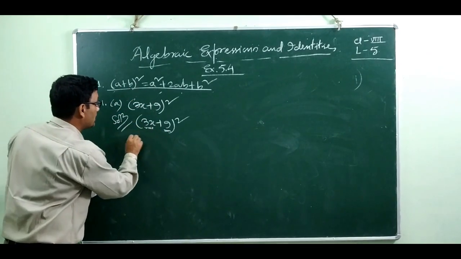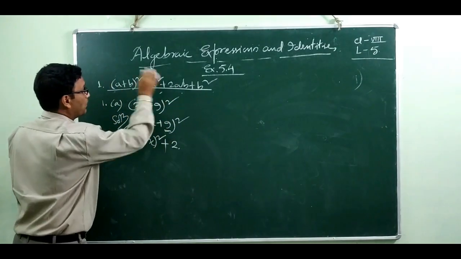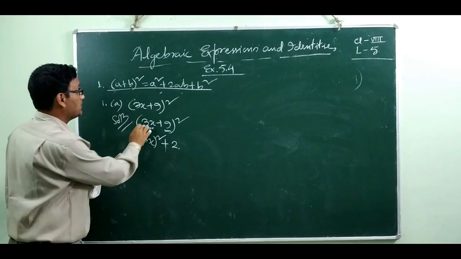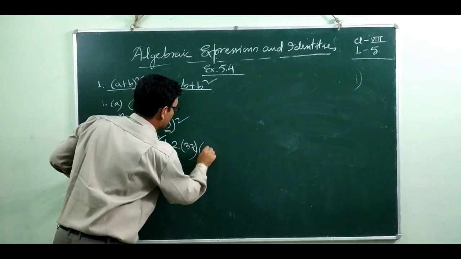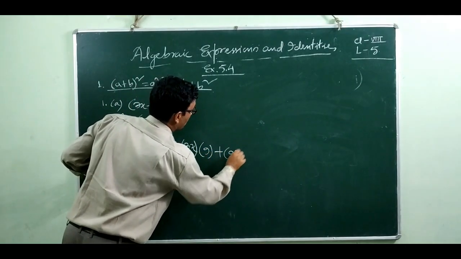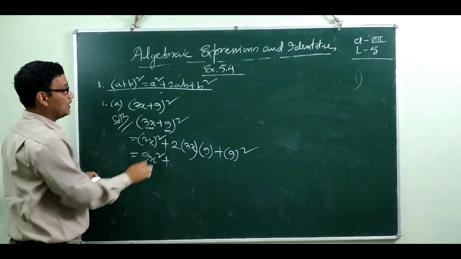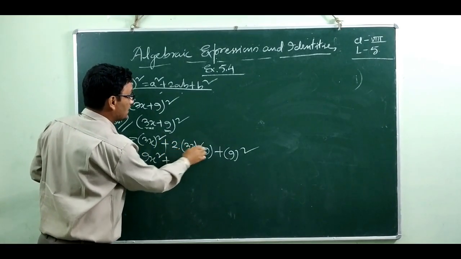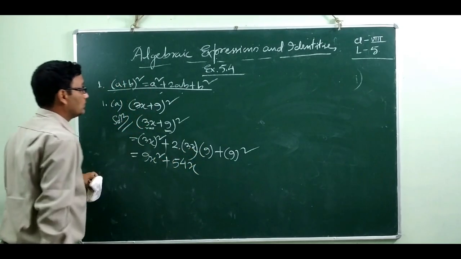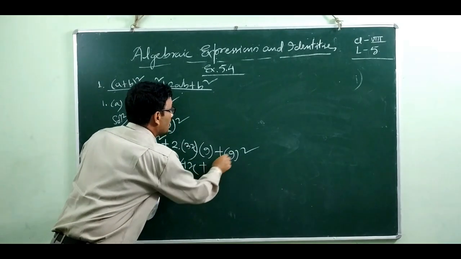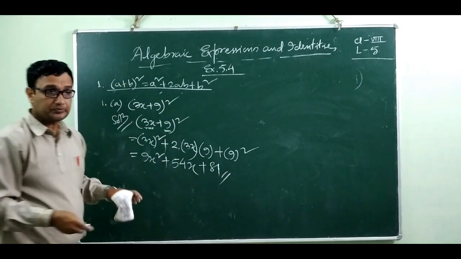So what will we write? (3x) square plus 2 into a, a means what? 3x. Then b means what? 9, plus 9 square. That means 3 square means what? 9x square plus 3 into 9 into 2, that is 54x plus 81. This will be your answer.